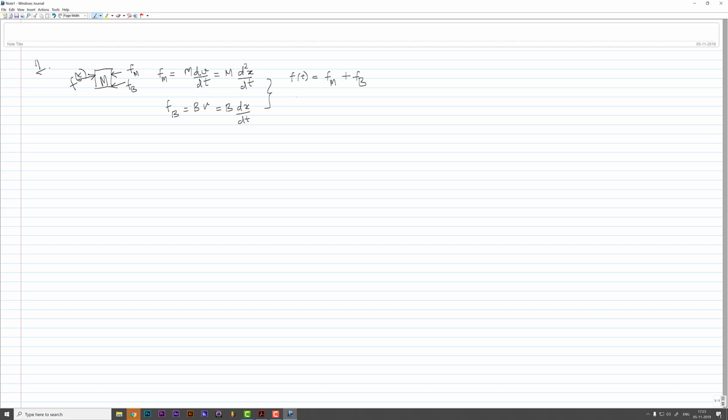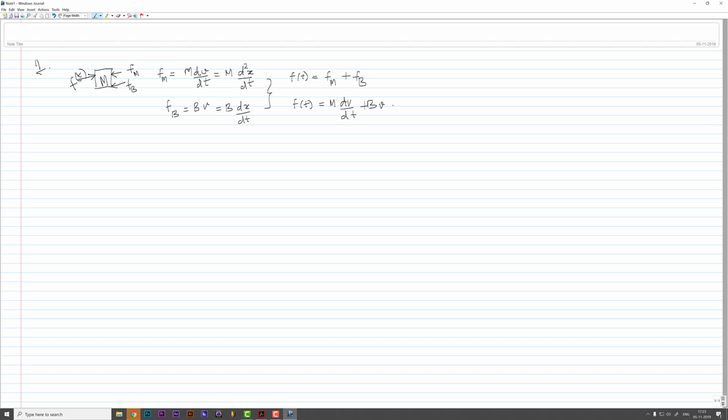Now I can use velocity as the variable in one equation. So for example, f of t is equal to m dv by dt plus b into v.